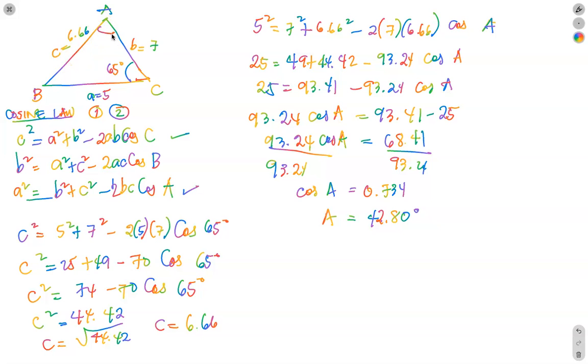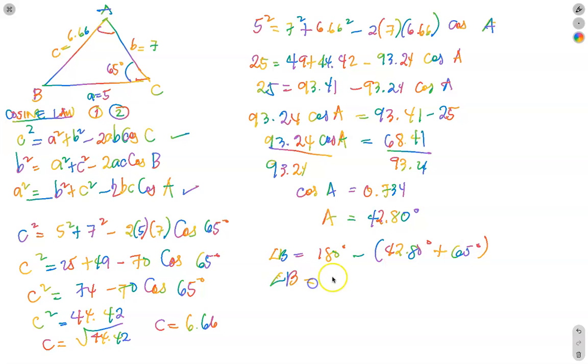Now this time, we can solve for the measure of angle B. Remember that the sum of the measures of the angles of a triangle is equal to 180. So therefore, angle B is equal to 180 minus A, which is 42.80, plus C, which is 65 degrees.